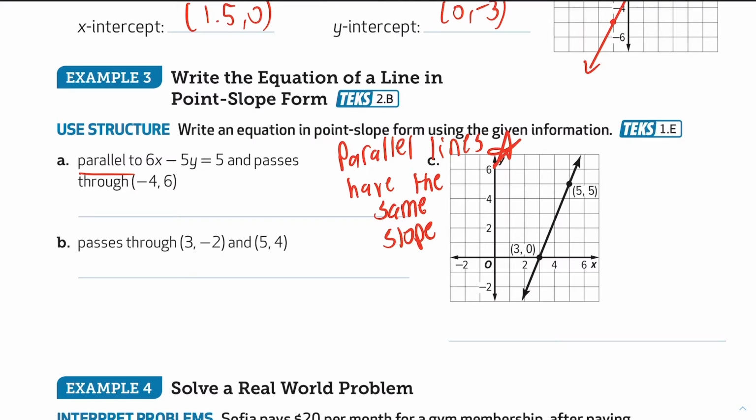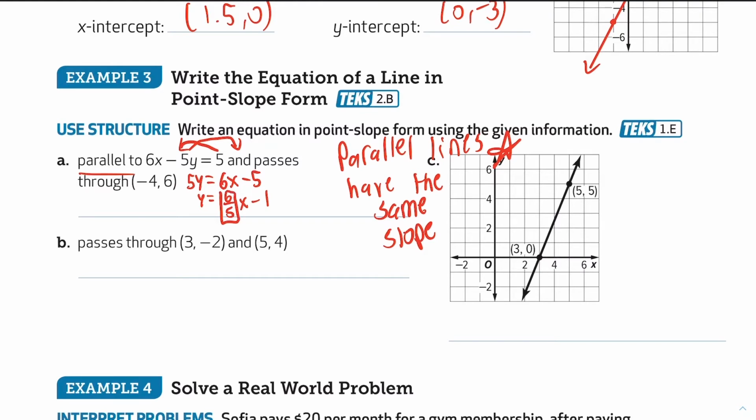How we're going to find the slope from this standard form equation is we're going to solve for y equals. Y is equal to, okay, but to do that, I would need to move the 5y over. I want to move the 5y over here, and I'm going to move the negative 5 over here, so I have 6x minus 5. And then if I divide by 5, I have y is equal to 6/5 x minus 1.